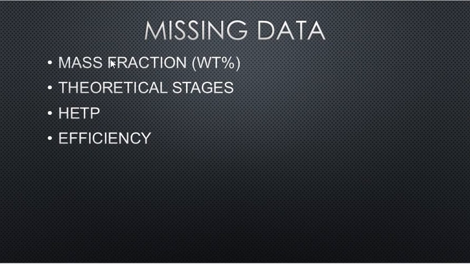The first one is mass fraction, which we call weight percent. The second one is theoretical stages. The third one is the height equivalent to a theoretical plate, HETP, and the last one is efficiency.